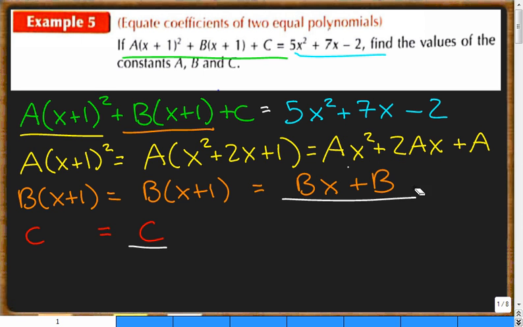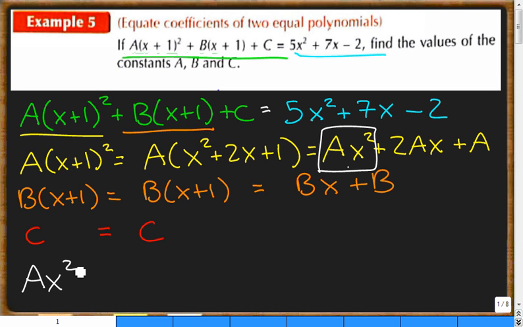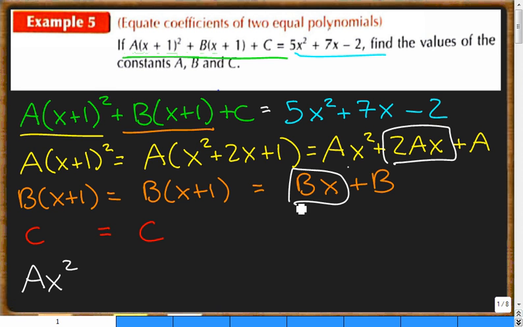So let's look through this whole set. We've got one term with x squared, so we're going to put that term over here, a times x squared. Then we look at all of our terms that have x in them. We've got 2ax and we have bx, so we're going to put those together: plus 2ax plus bx. You'll see why we're doing this in a second.